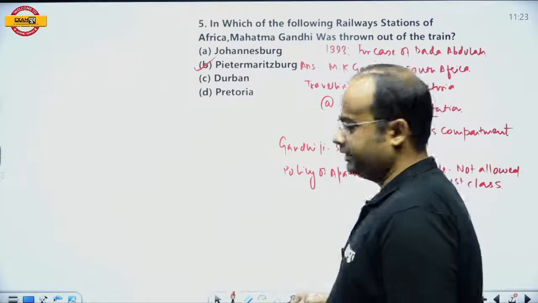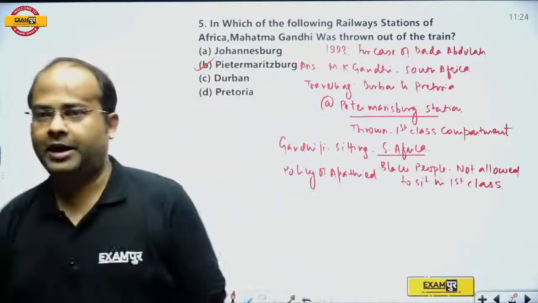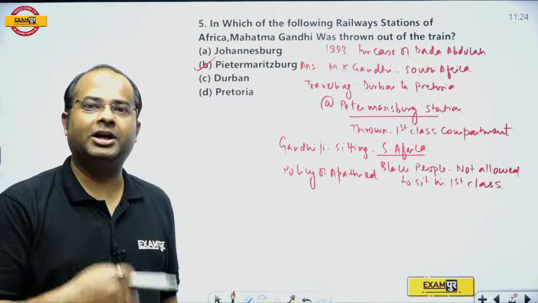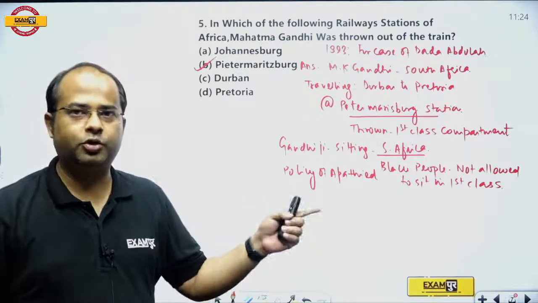Because of the policy that was followed, that is called policy of apartheid, due to which the blacks, they were considered racially inferior from the whites that were Europeans.